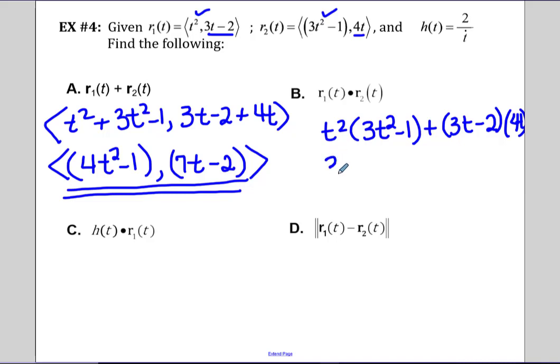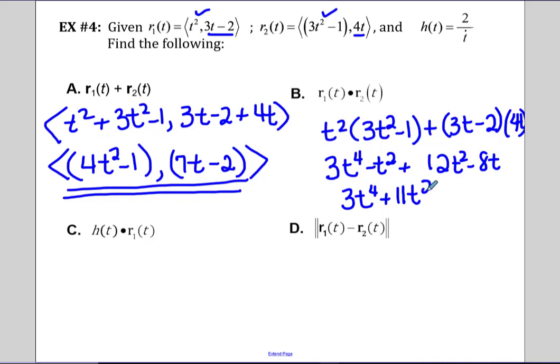So in this case, we got 3t to the 4th minus t squared plus 12t squared minus 8t, and combining those together, we have 3t to the 4th plus 11t squared minus 8t. So this is a scalar.